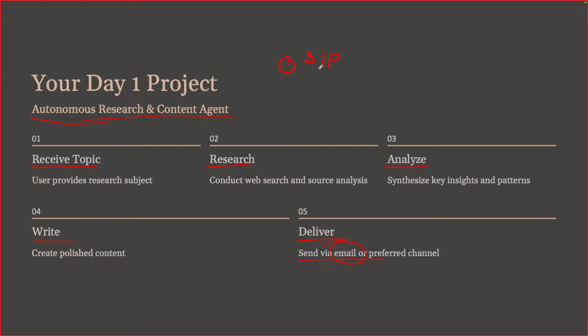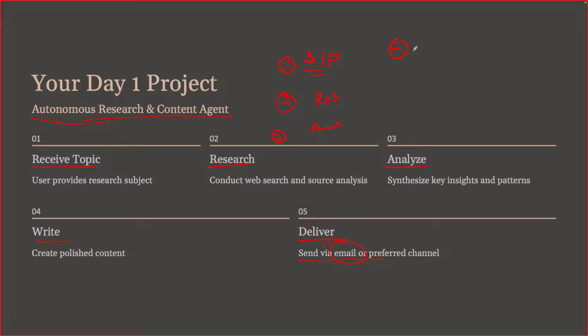Then you have to do research on that. After research is done, you have to analyze whether your research is correct or not. After that is done, you have to write the article.